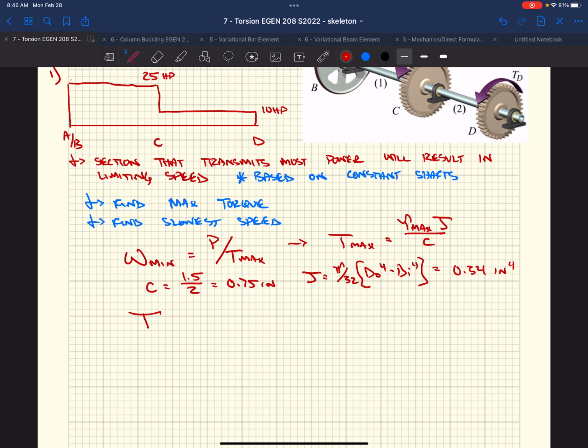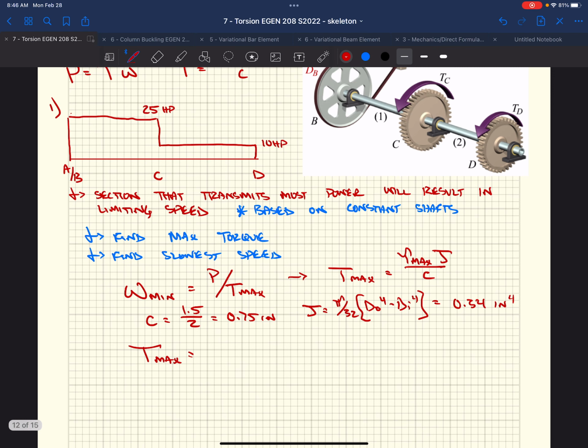Now we can calculate our maximum torque. So that's essentially saying we're limiting our shear stress to 8,000 PSI. That's our tau max, they told us, based on this steel. Our polar moment of inertia is based on the size of the pipes we decided to use for the shaft, and same with our maximum radius. So we can just plug everything in. We're gonna get 8,000 pounds per square inch times 0.34 inches to the fourth, and we're going to divide all of this by 0.75 inches.